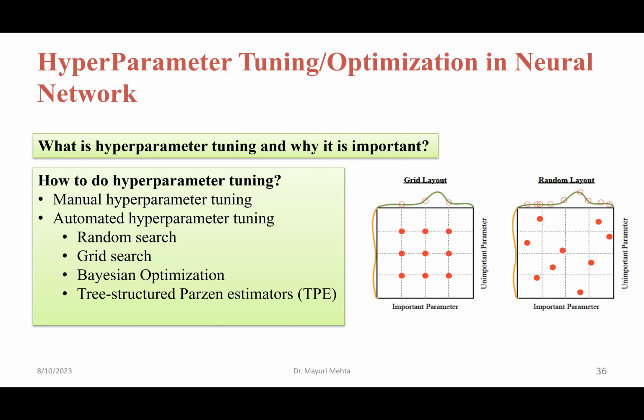Okay, and the next is tree structured Parzen estimators. The idea of this tree-based Parzen estimator optimization is similar to Bayesian optimization. Instead of finding the values of probability of y given x, where y is the function, this is a bit mathematical. But in short, the tree structured Parzen estimator is similar to the Bayesian optimizer.